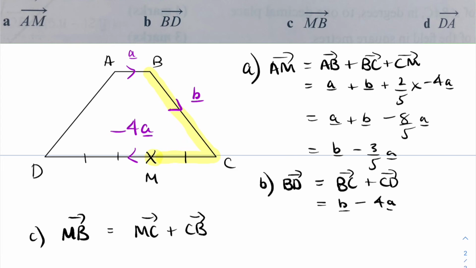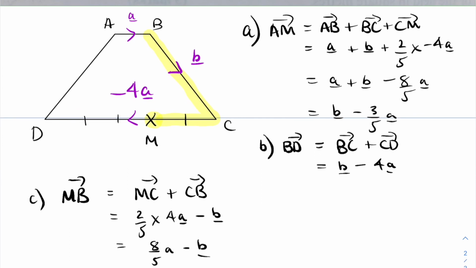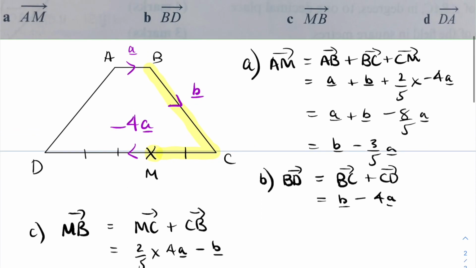That's M to C is 2/5 of the minus 4A, but in the opposite direction, so it's positive. It will be 2/5 of 4A this time, and then backwards along B. So 8/5 A minus B.